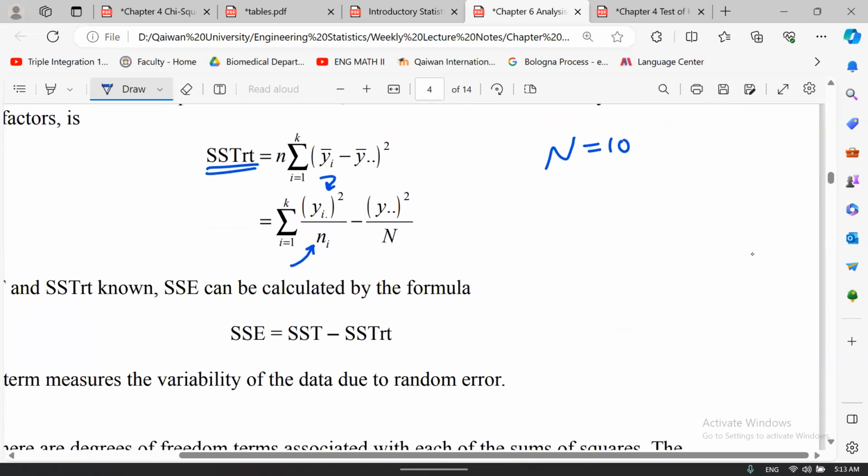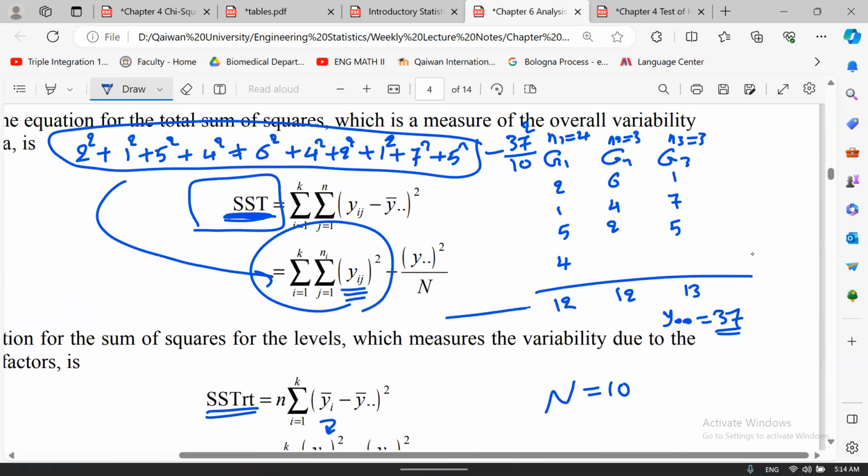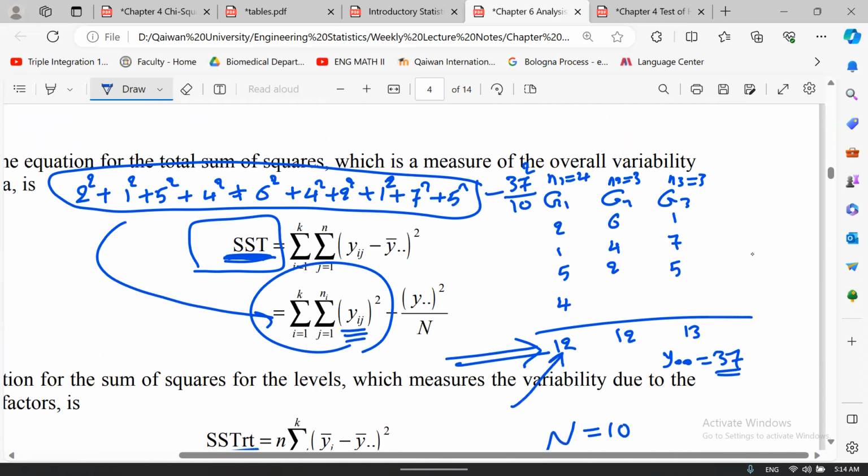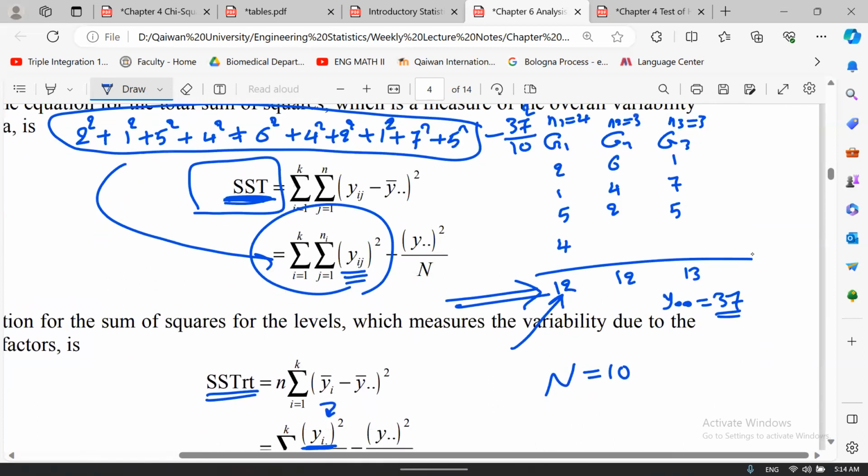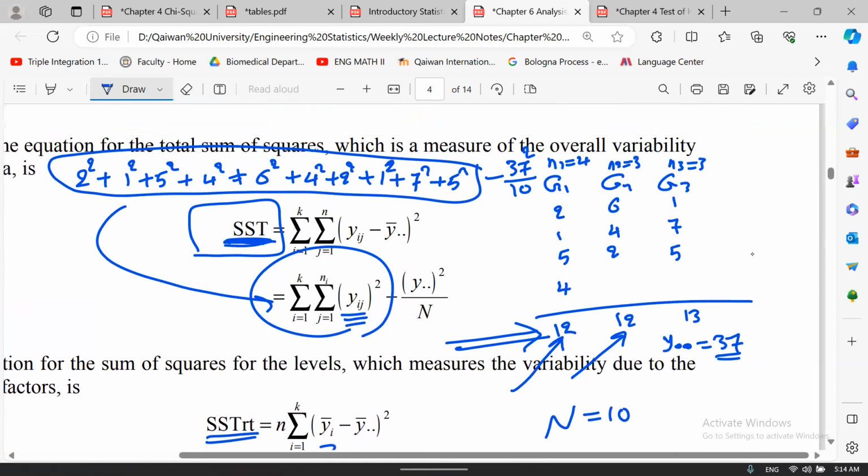Then we say Yi dot squared. What are Yi dot? It's these totals. It's 12 squared over n1 plus 12 squared over n2 plus 13 squared over n3.